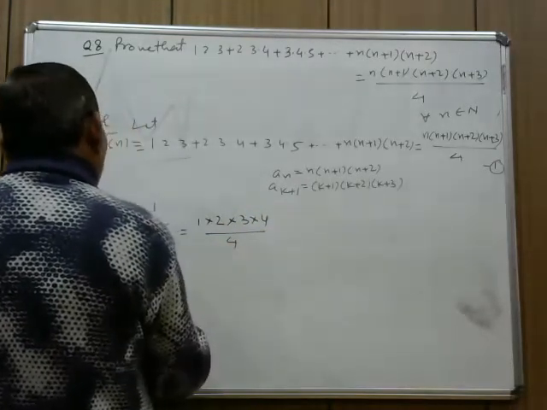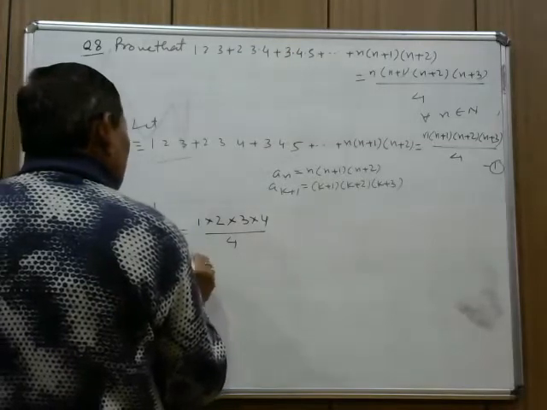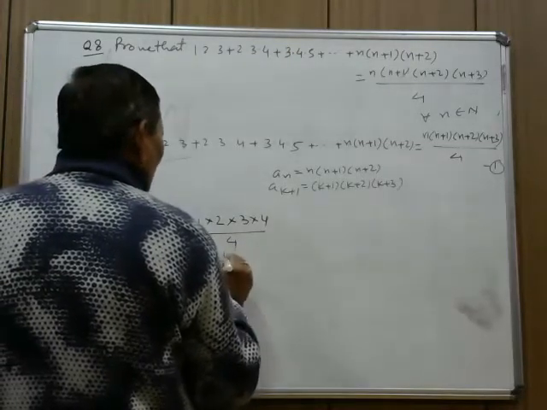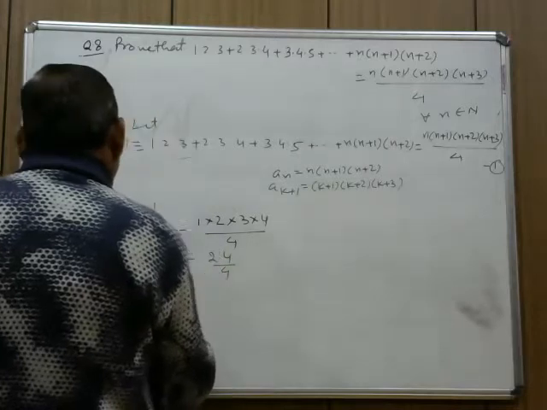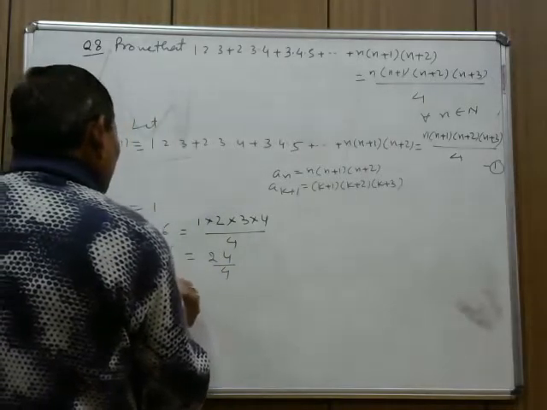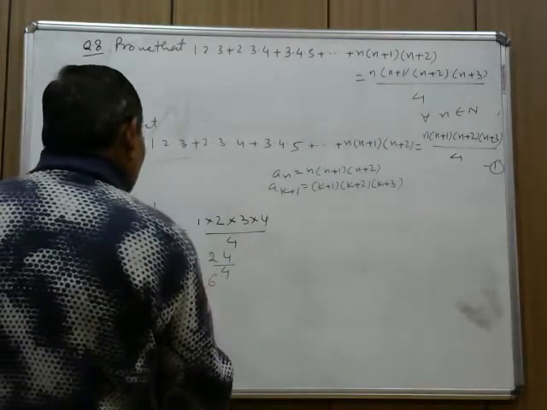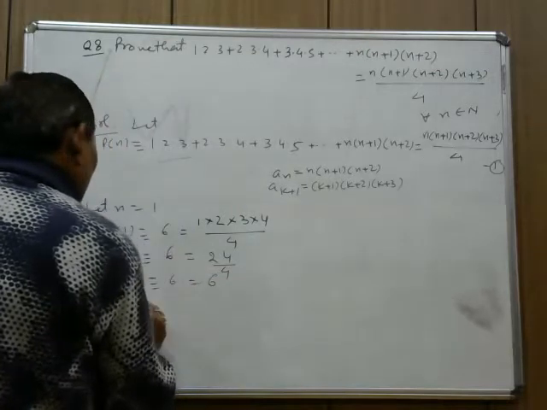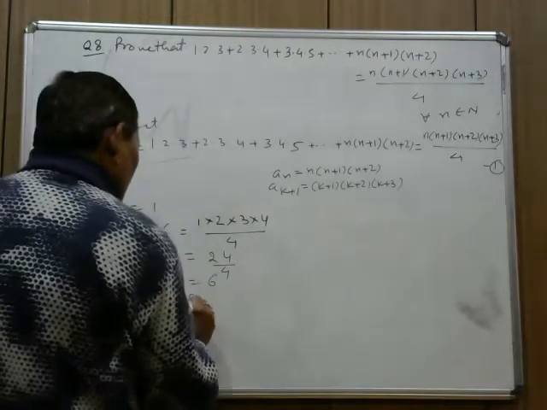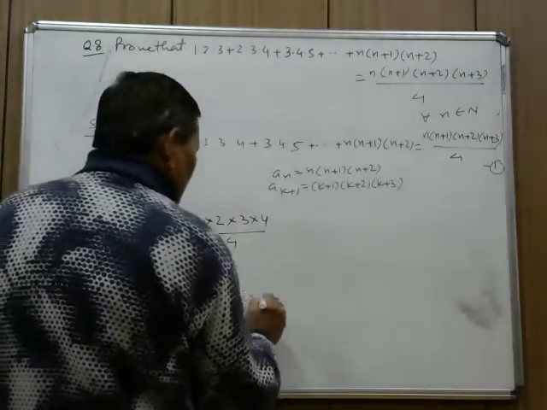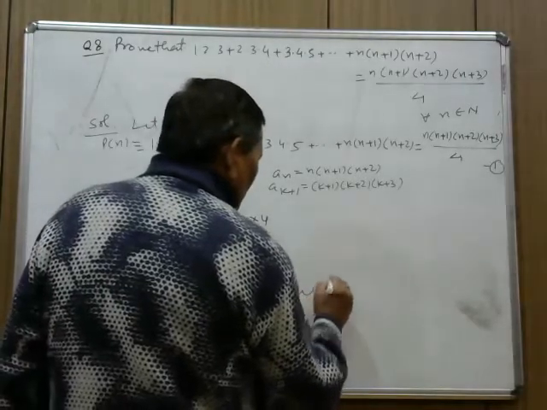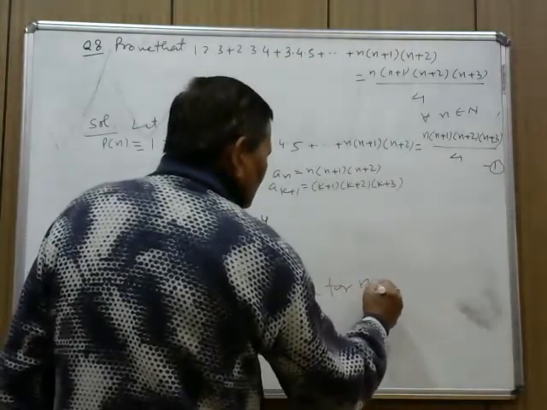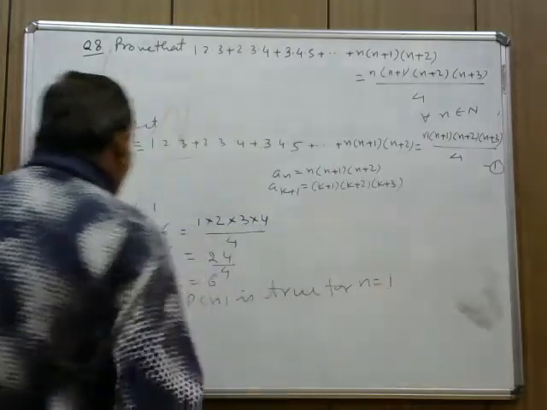So your P of 1 equal to 6 equal to 24 by 4. So P of 1 equal to 6 equal to 6. Therefore, P of n is true for n equals to 1.